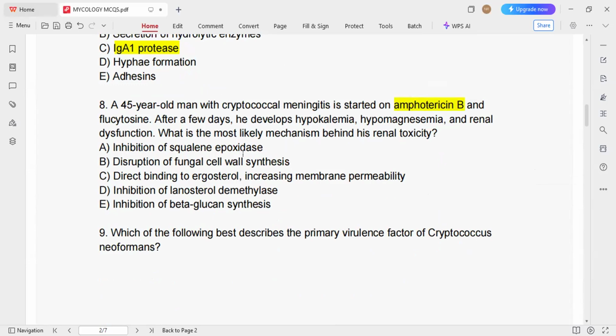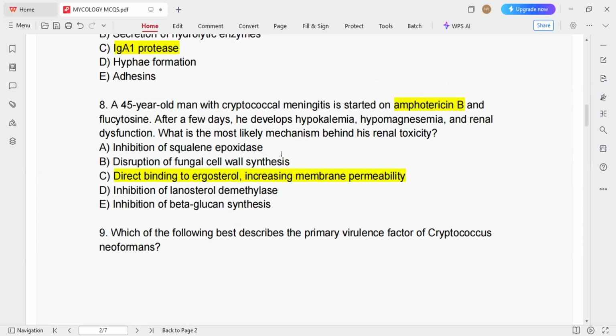You've said C? Okay. Inhibition of squalene epoxidase. So which drug is this? Terbinafine. Good.